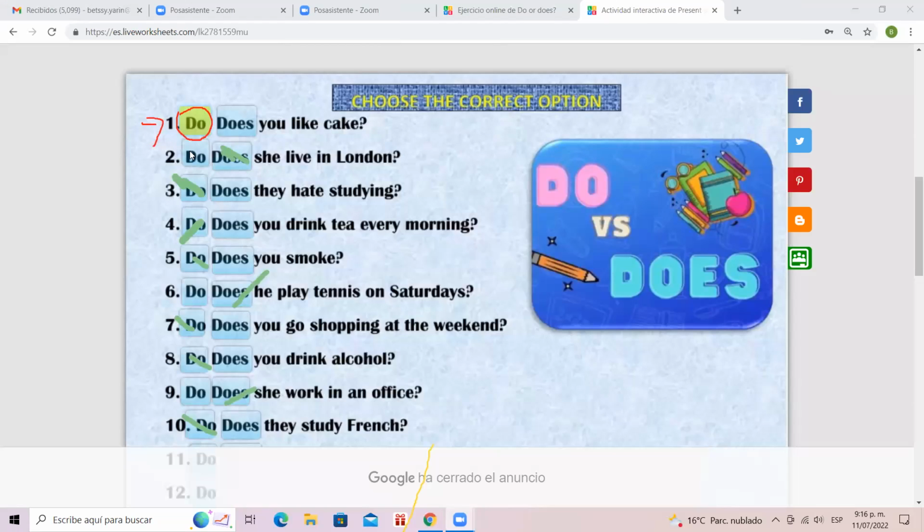Okay, what about for number 2? Natalie, okay, very good. Does she live in London? Okay, does she live in London? Excellent and good pronunciation. Okay, very good. Let's continue with number 3. Other, maybe Michael, Millie, or Natalie again. I don't know who wants to participate.